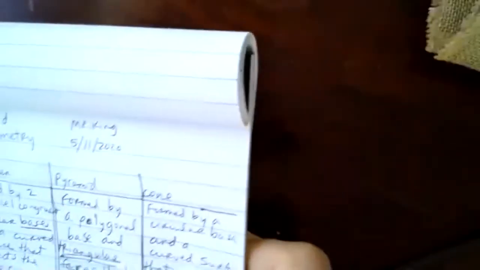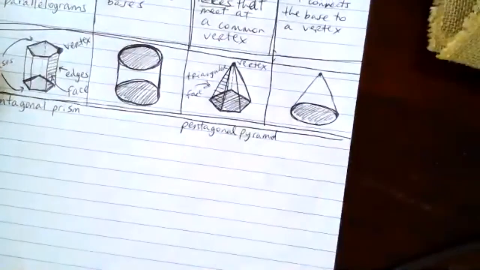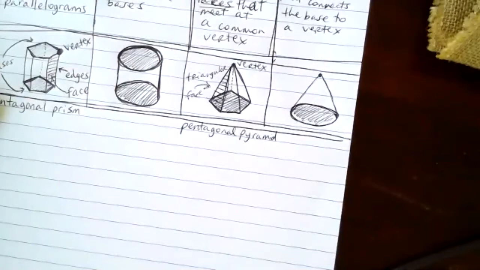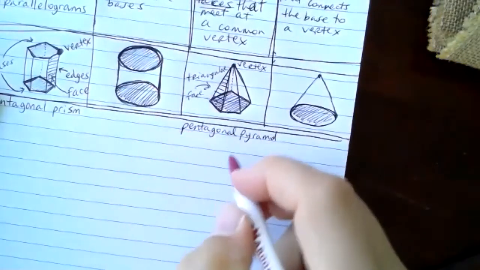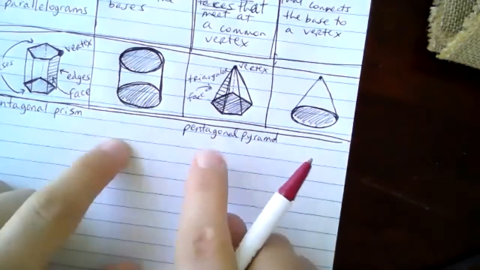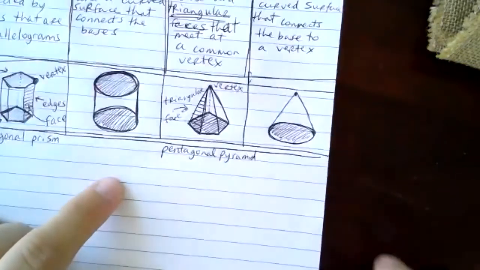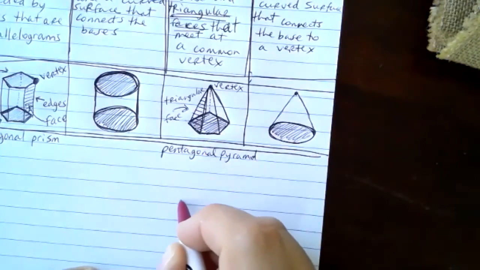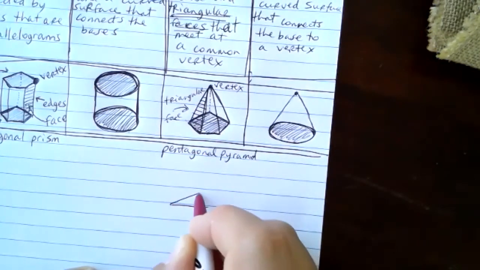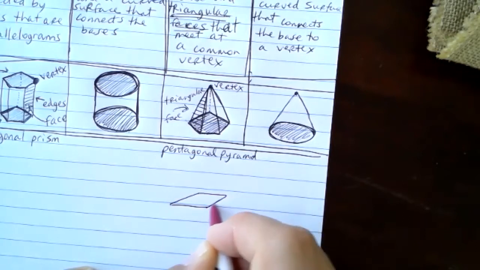I'm going to pull this out of the way. Now we're going to draw this underneath. So right here is where your pyramid is. So let's redraw this rectangular pyramid here. I'm going to draw a slanted, kind of like a rhombus.